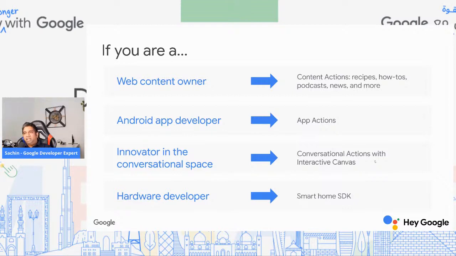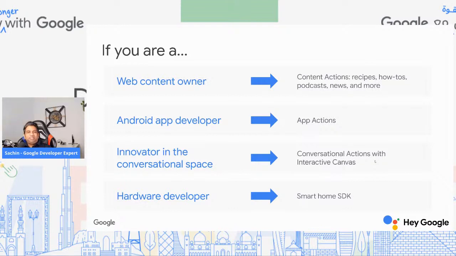So let's say any website with recipes, how-tos, podcasts, news or more, you can use content actions embedded within your site, follow a specific schema markup, and the Google Assistant will be able to extract the information from that. What we'll be focusing on today will be more on app actions, that is for you if you're an Android app developer, right?